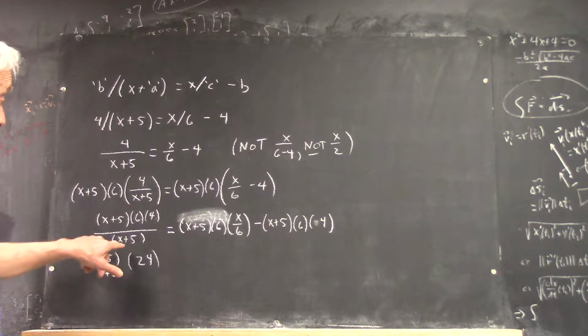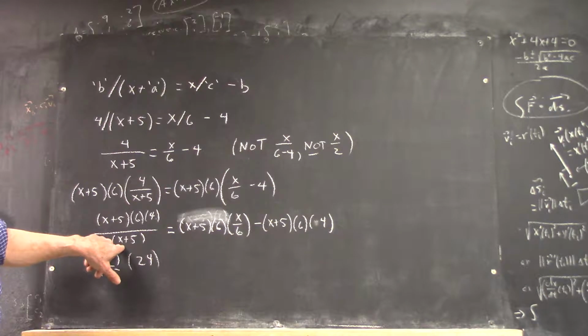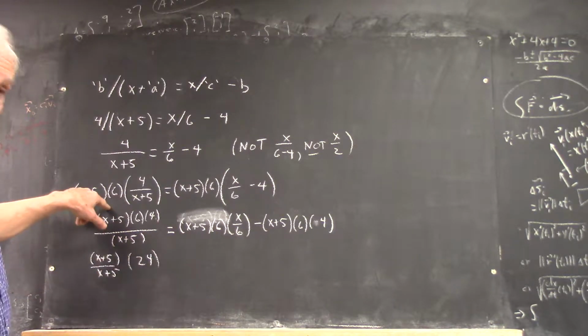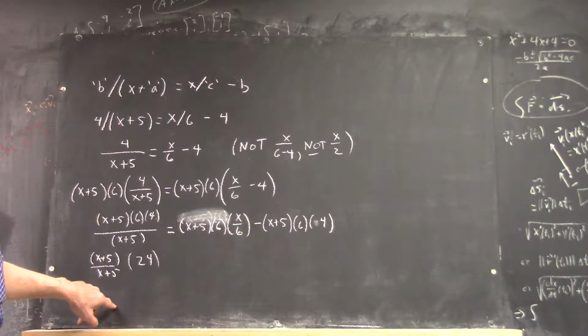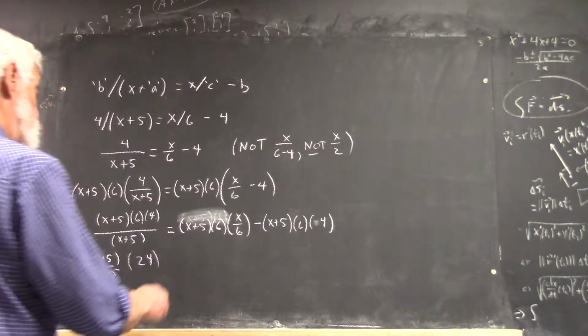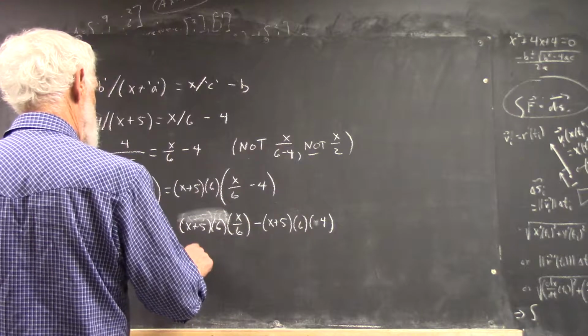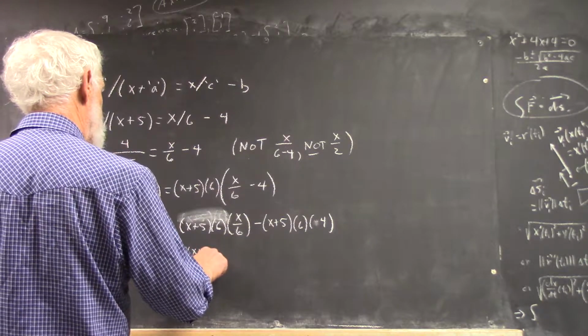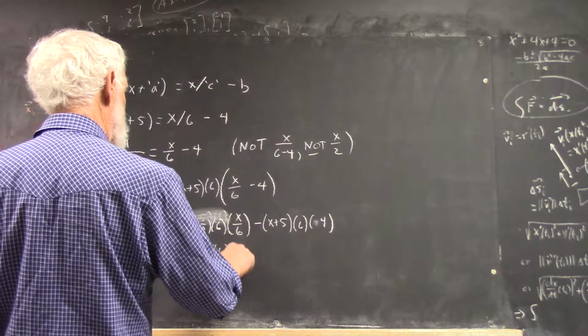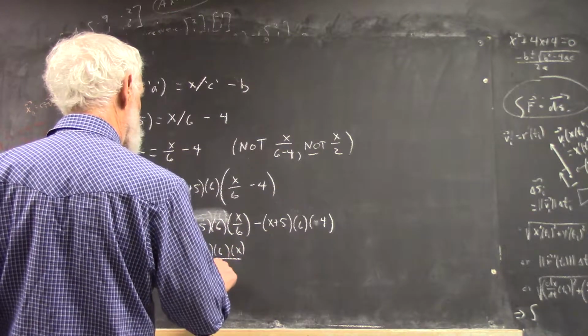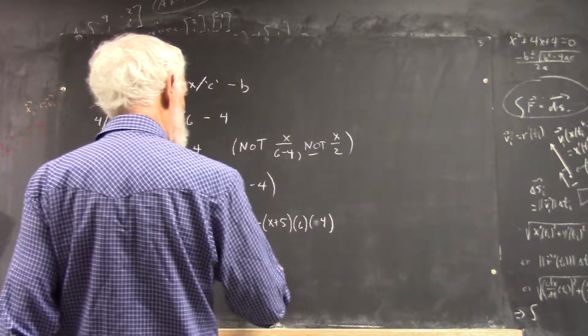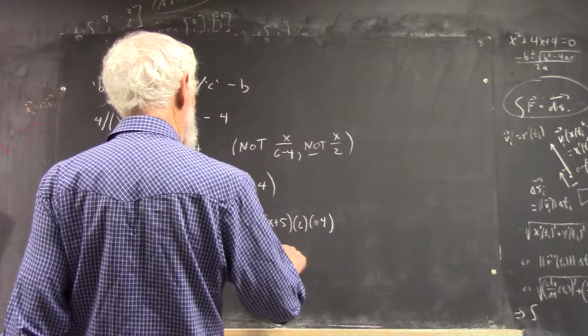And I have x plus 5 in the denominator, which matches this denominator. So this certainly equals this. So you can see why this equals this. And this equals x plus 5 times 6 times x over 6.